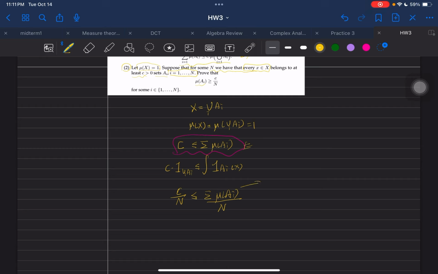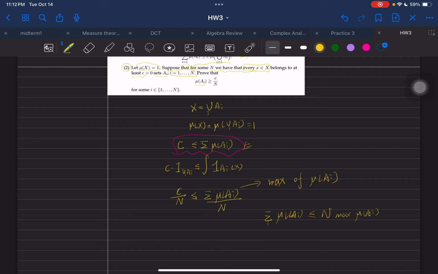And we just pick the max of mu(A_i), as it's finite, so we can always guarantee finding the maximum. And as this one is smaller than the summation of mu(A_i), remember we have n of those sets, it is gonna be no bigger than n times the max of the mu(A_i).